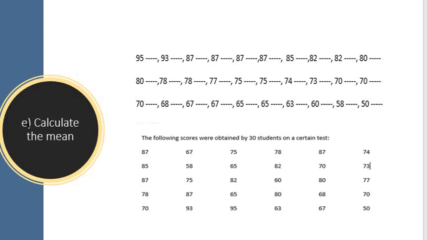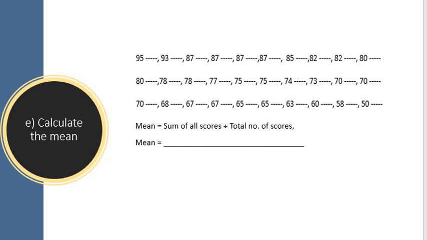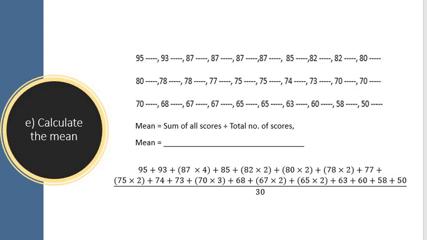Now you can pause the video and quickly do that. But let me show you what I did for that. So again, the formula is here. So we add all these values. So we have 95 plus 93. It's easy to add once they're in order. 95 plus 93. 87, since we have 4 of them, we can just quickly press 87 times 4 in our calculators rather than adding 87 plus 87 plus 87 plus 87.